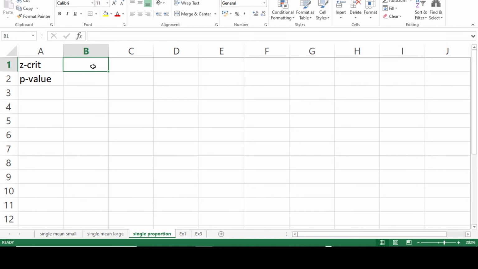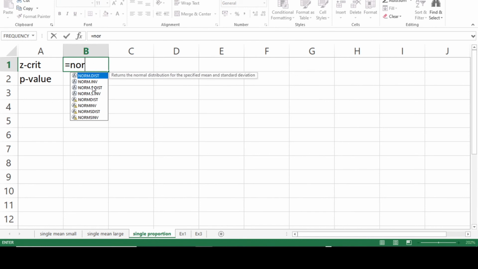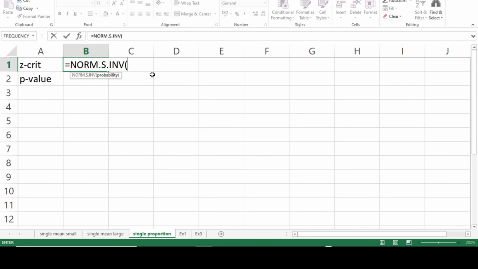Okay, first of all, to get our critical value, from the previous lecture, you will know that we make use of this NORM.S.INV function, and the probability to the left of my critical value, you can put in 0.975. That will give you the critical value on the right, or if you put in 0.025, it will give you the critical value to the left.